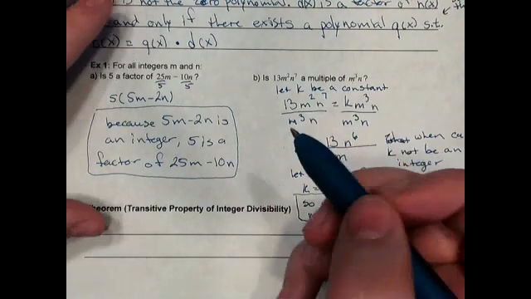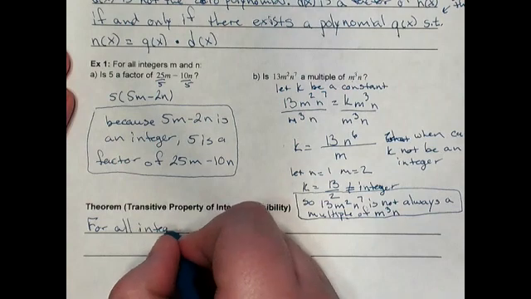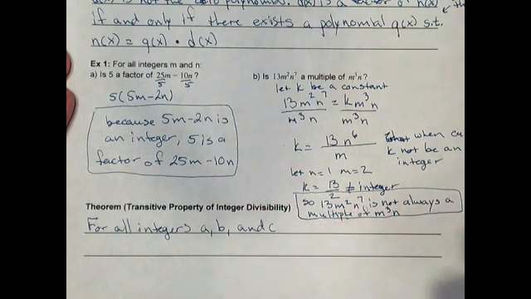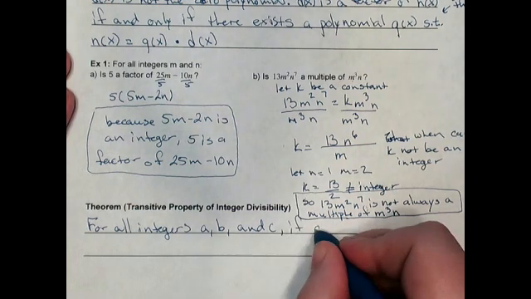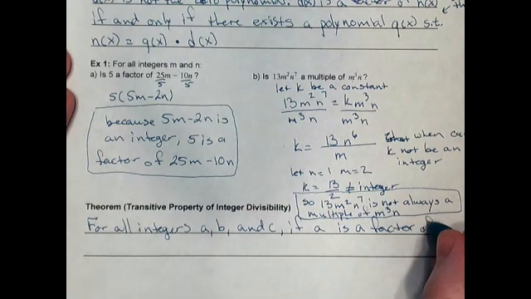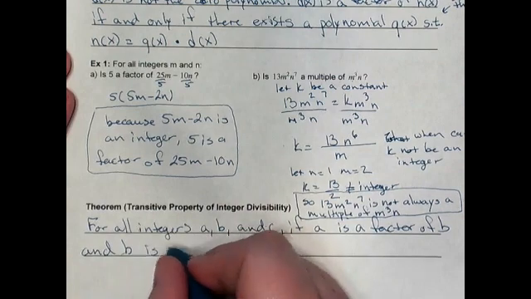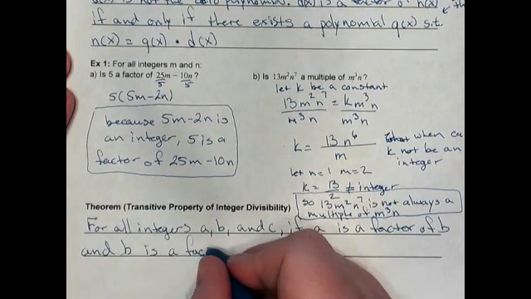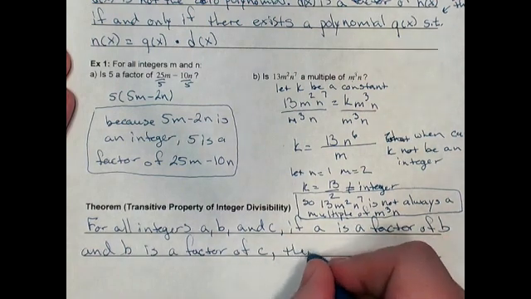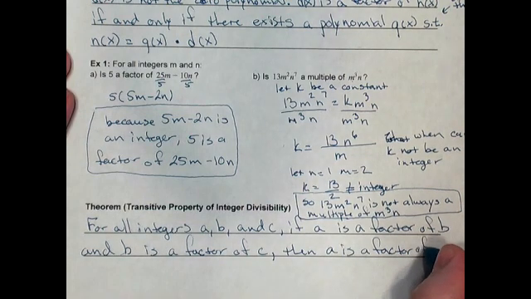We phrase that as, for all integers a, b, and c, if a is a factor of b and b is a factor of c, then a is a factor of c.